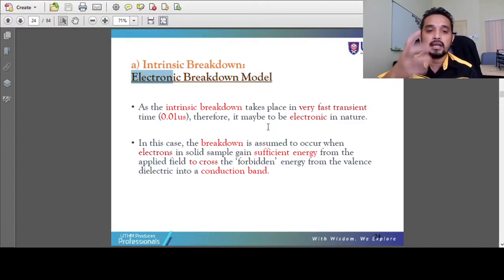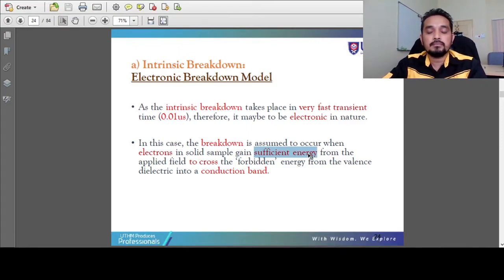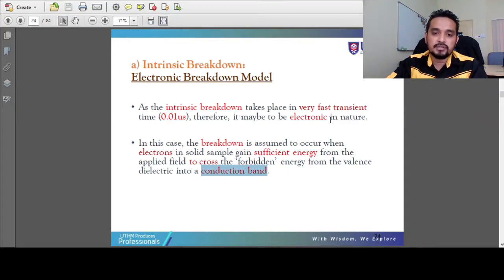Why does it manage to escape? Because it gains sufficient energy to escape from the atom, from the molecule, from the valence band and come into the conduction band. It manages to escape across what we classify as the forbidden energy gap.